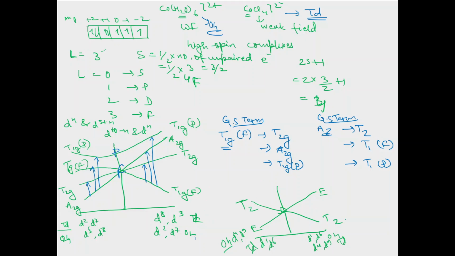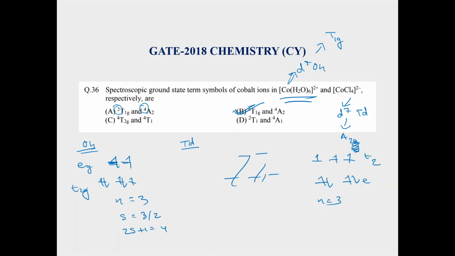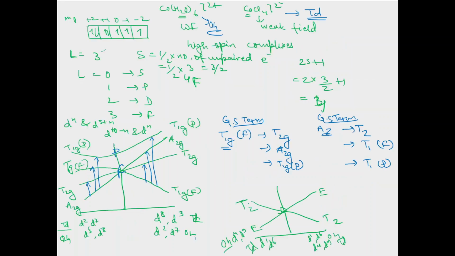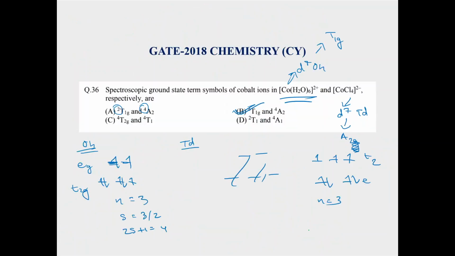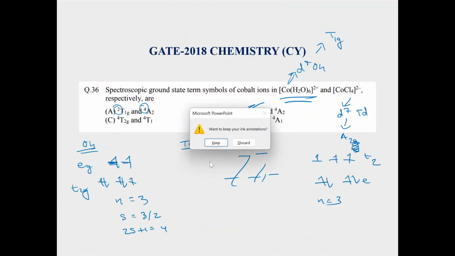Okay. So the Orgel diagram is very important for knowing what transitions take place. Here the transition will be from this to this, and for these cases there will be one transition. So we can move on to the next question.